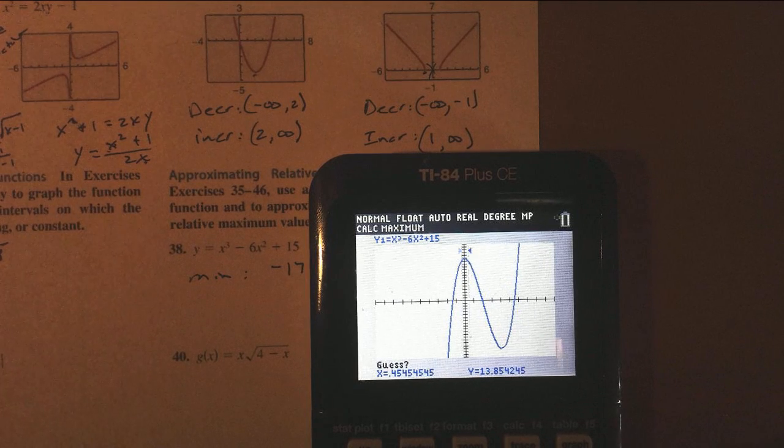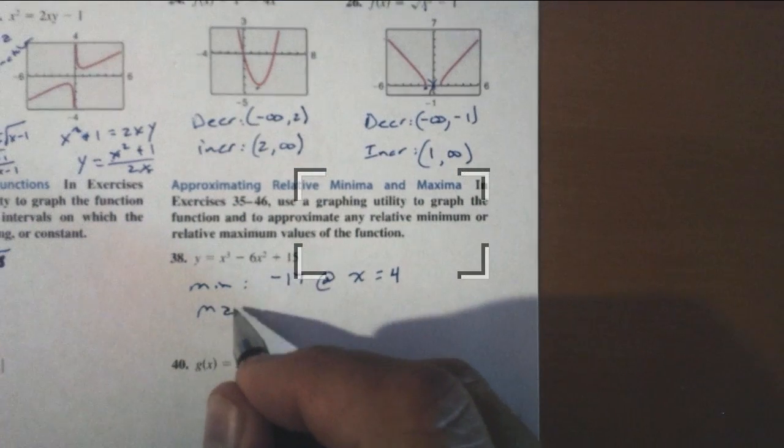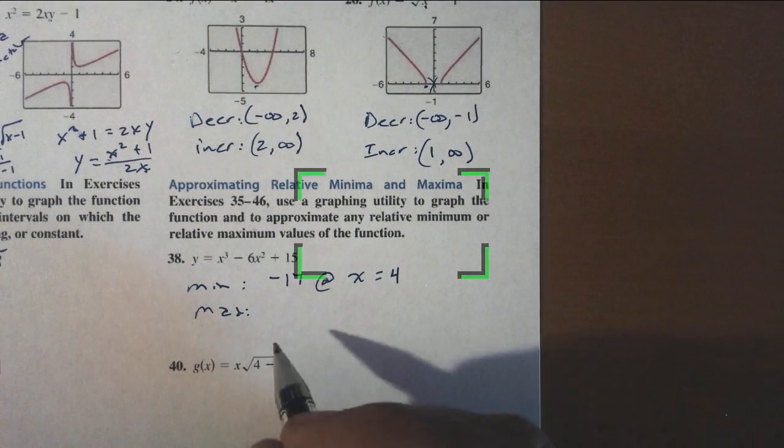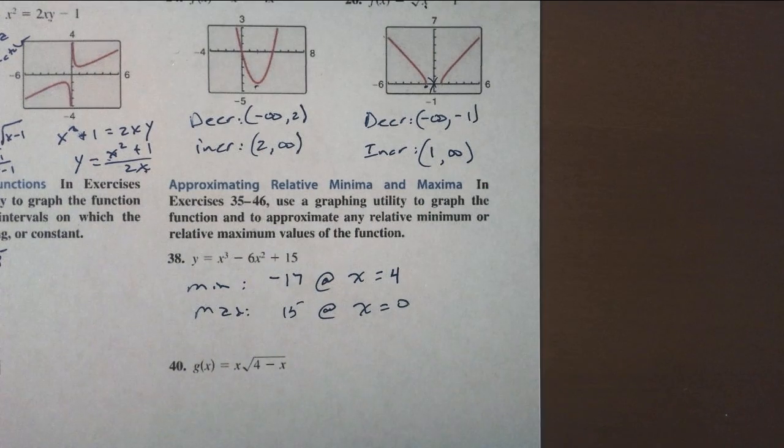Get to the right of it, hit enter, hit enter again. And 9 times 10 to the negative 7th, that's 0.0000009. That's virtually 0. We can assume that's probably 0, 15. So 15 is a maximum, 15 at x equals 0.